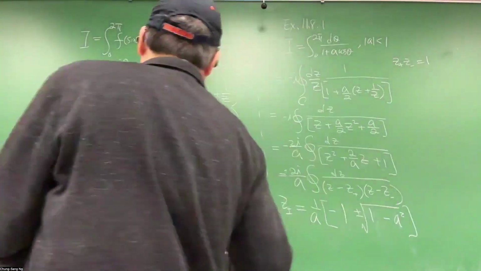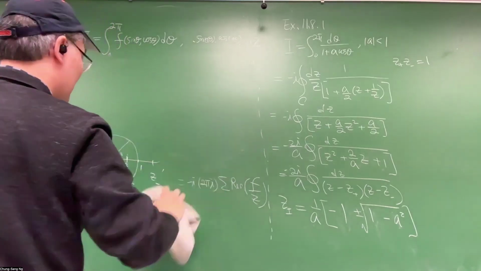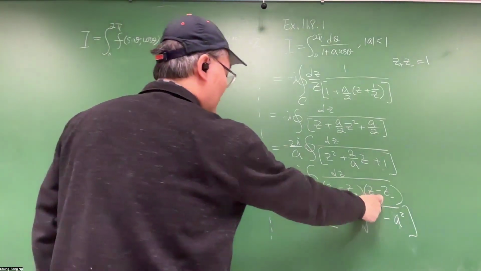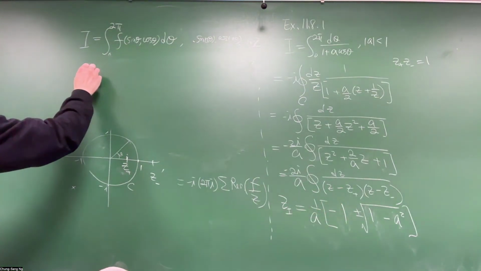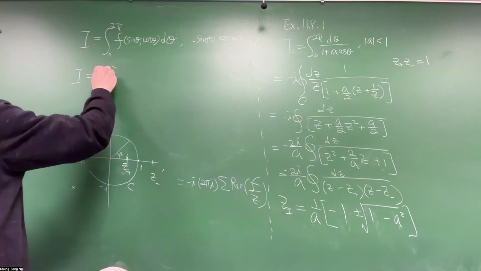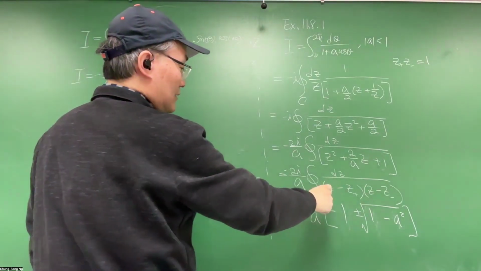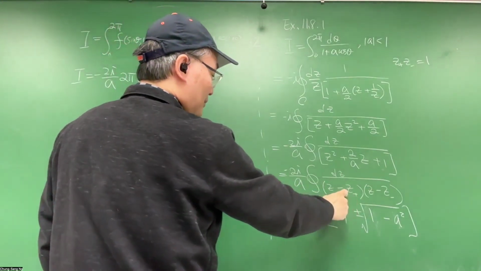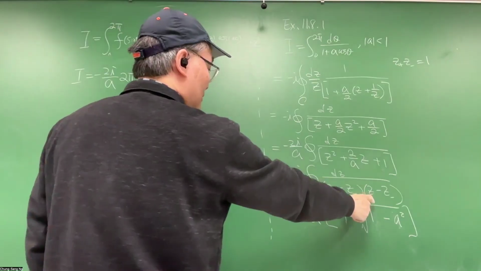All right, so let's just write out the answer. And these are simple poles, right? And for C plus only, so the answer would be 2i over a. Now you multiply by 2 pi i, and the residue is multiply the factor c minus c plus to cancel this factor in the denominator, and take the limit z goes to c plus.